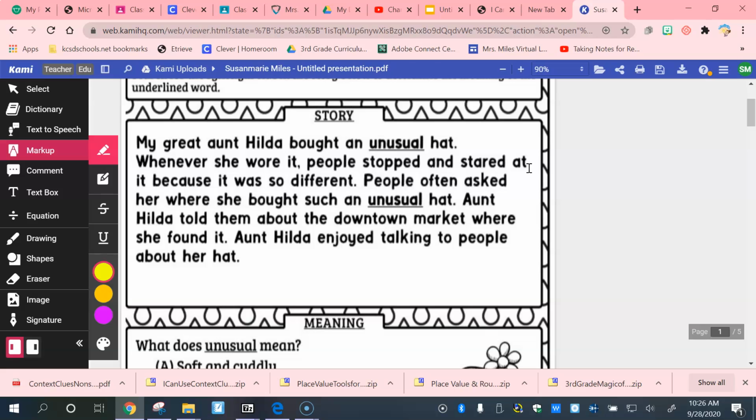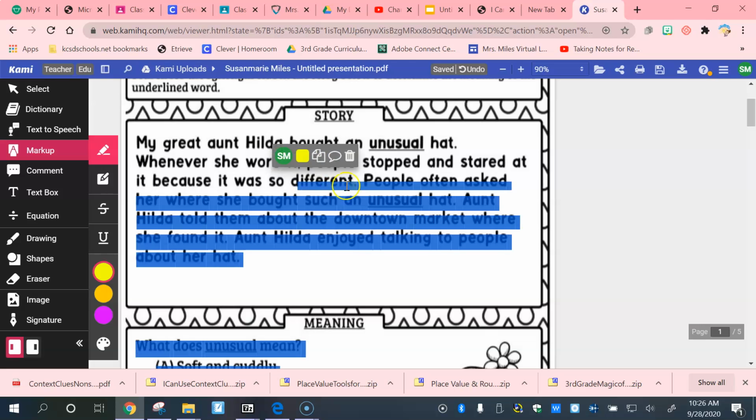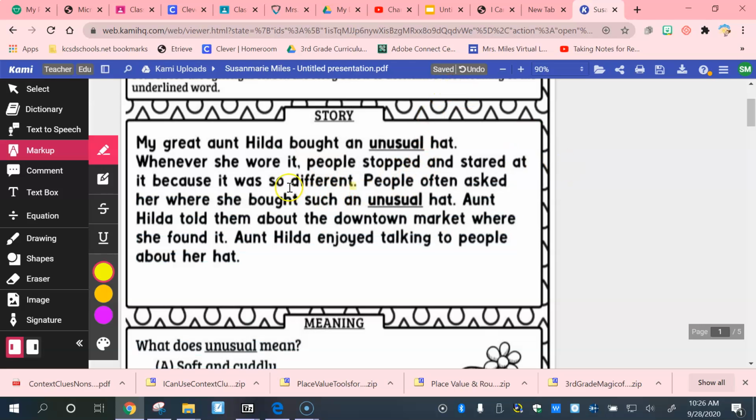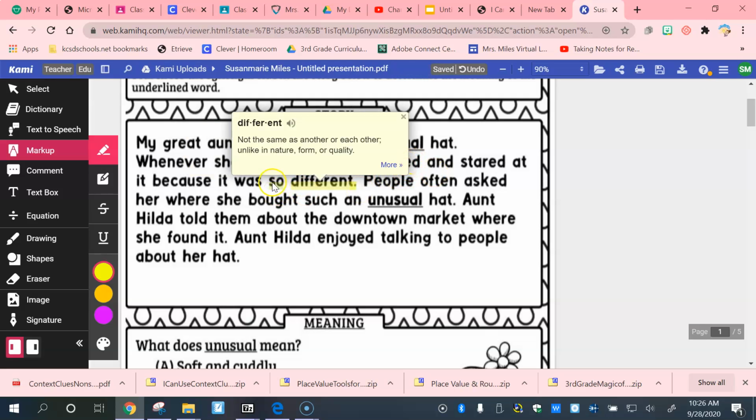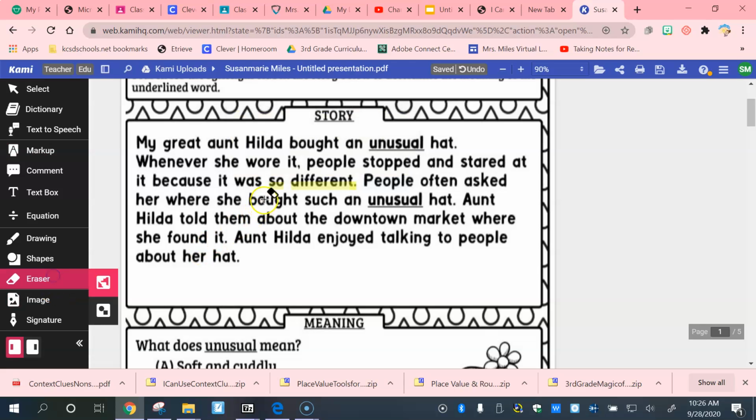What pointed out to me was the second sentence: Whenever she wore it, people stopped and stared at it because it was so different. Think of this word, different, right here.